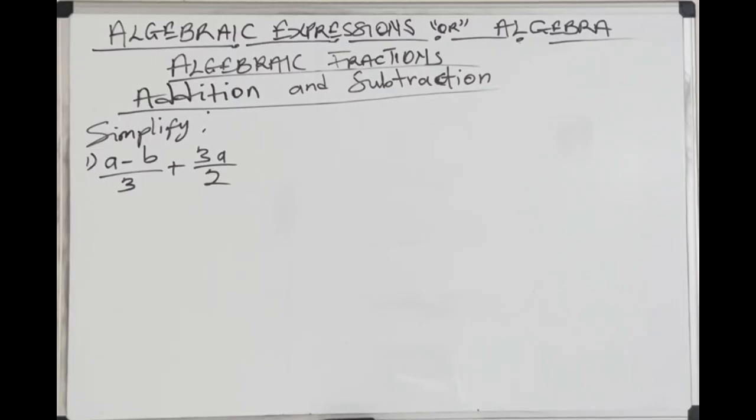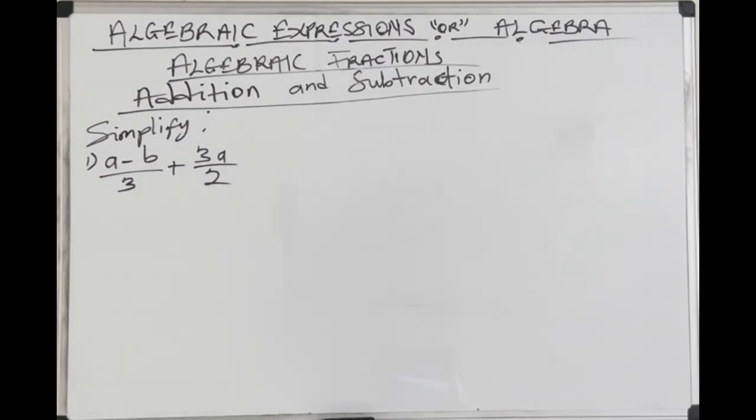Okay, so we move to addition and subtraction. I think that will be our last subtopic under algebraic fractions. When we want to add or subtract algebraic fractions, we find the LCM of the denominators first before we work them out.